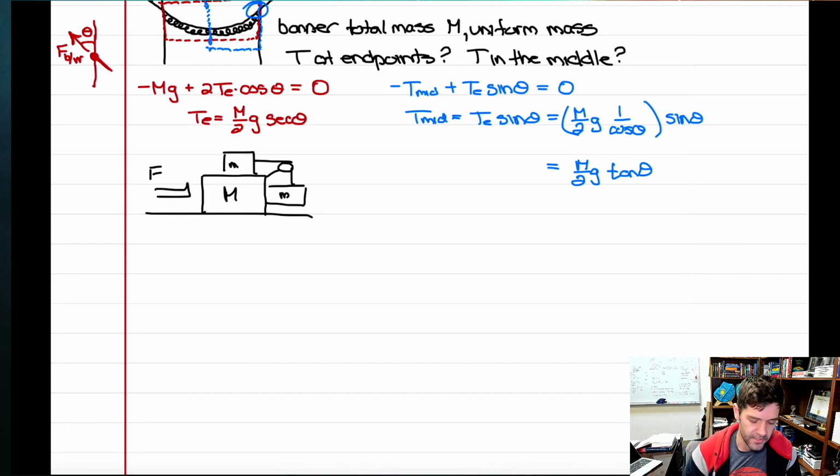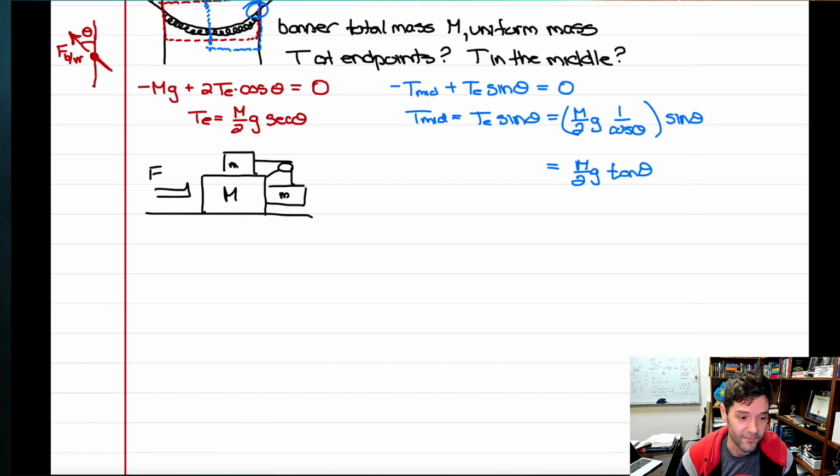And you push only on the big box with a force F. What force do you need to push on the big box with, such that the little boxes do not move relative to the big box, so they don't slide along, vertically or horizontally in any way, as you push the entire system to the right?